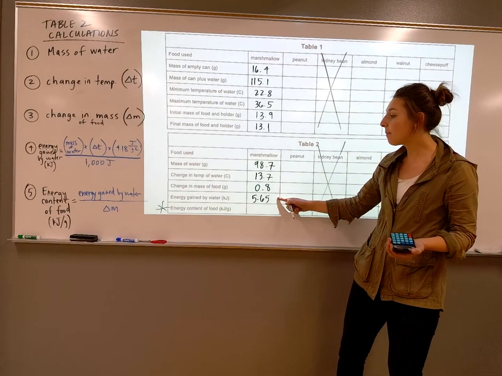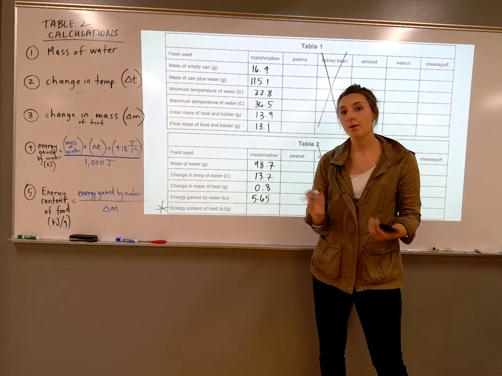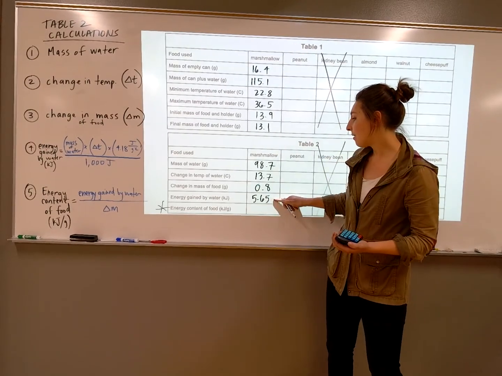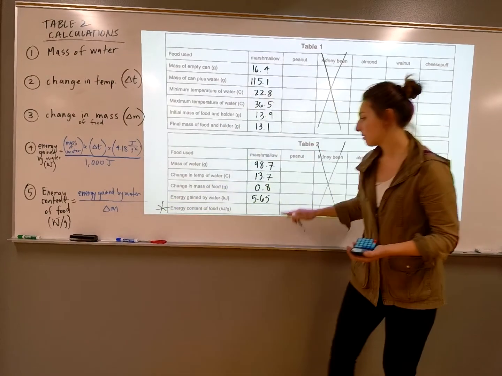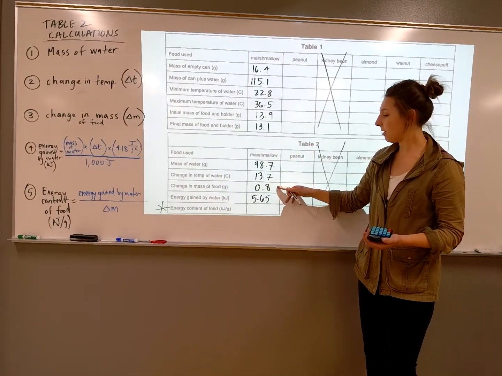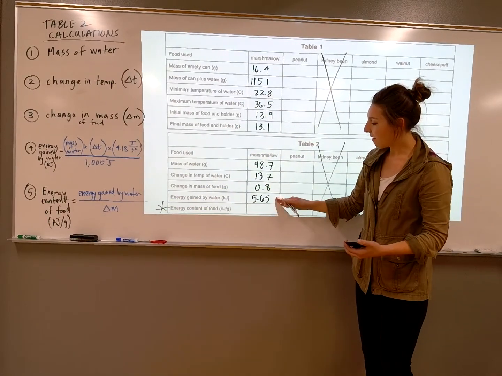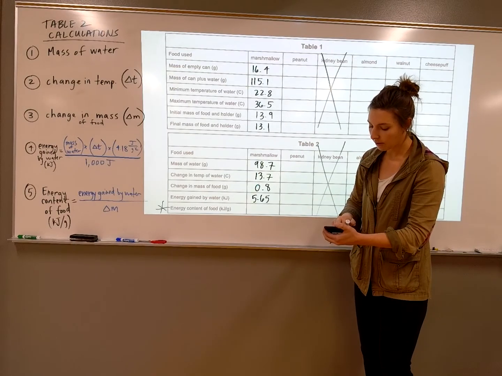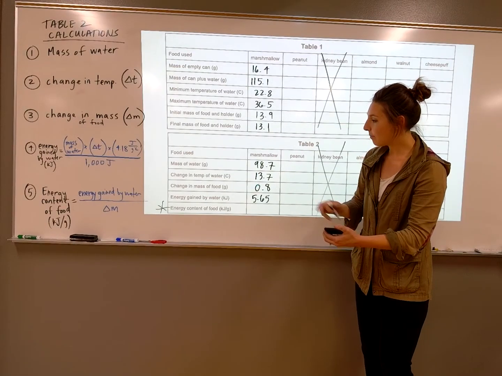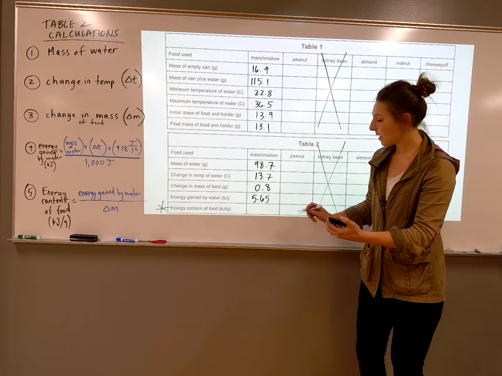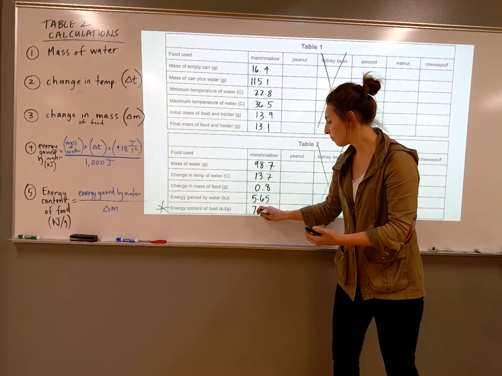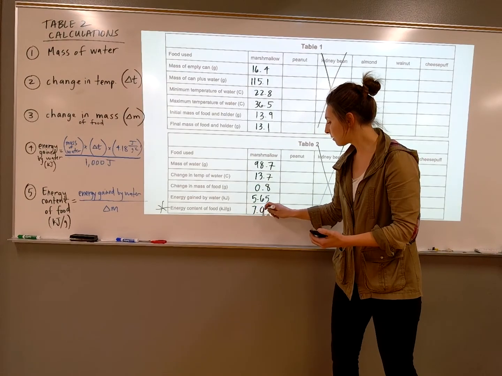The very last step then is we want to know energy per gram. So we have to divide this value, the energy gained by the water, by the change in mass of the food, which we found right here. So for the marshmallow, I'm going to take 5.65, okay, the total energy gained by the water, divided by the change in mass of the food, 0.8, and I get 7.06.